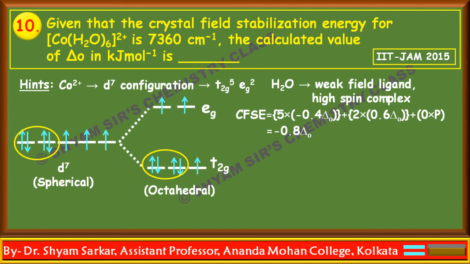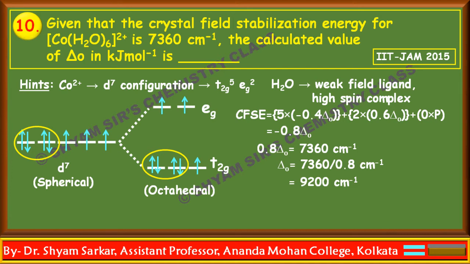So minus 0.8 delta O will be equal to 7360 centimeter inverse. If you take the absolute value of CFSE, 0.8 delta O will be equal to 7360 centimeter inverse. Now if you solve for delta O, delta O will be equal to 9200 centimeter inverse.